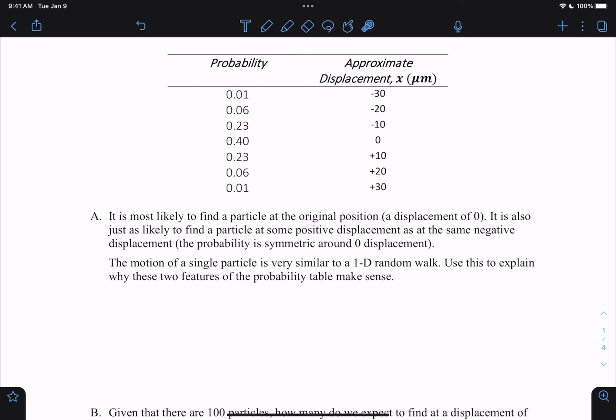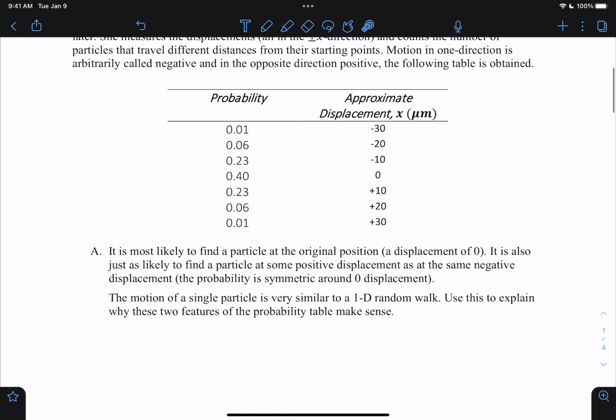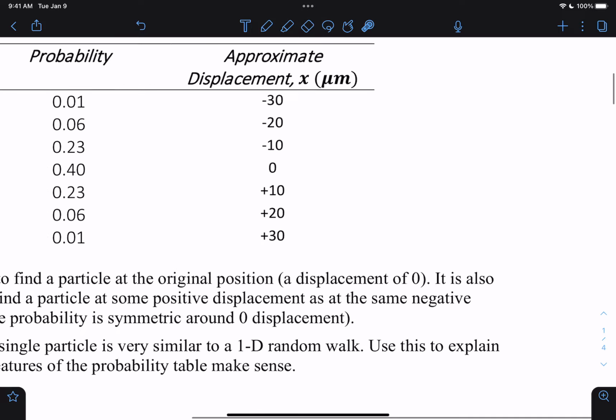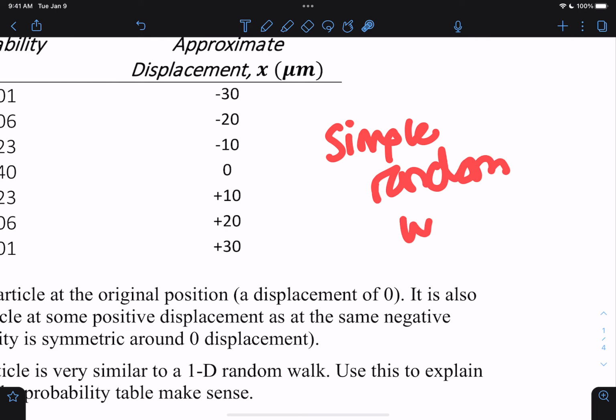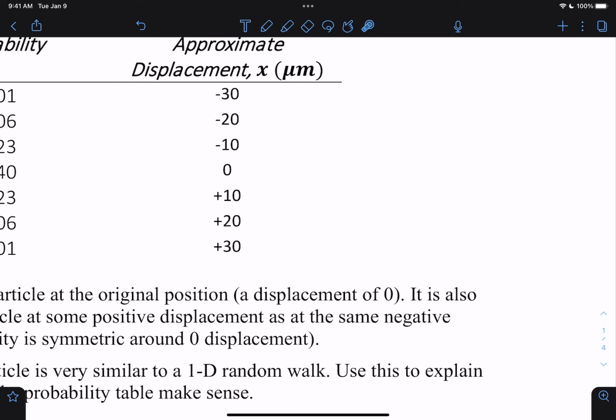The only distinction there is that even if they have a finite number of particles, in a problem they'll say, for example, that it's a simple random walk. If it's a simple random walk, then you know at that point that your average displacement is going to be 0, so you can stick with that as your average displacement in that case.